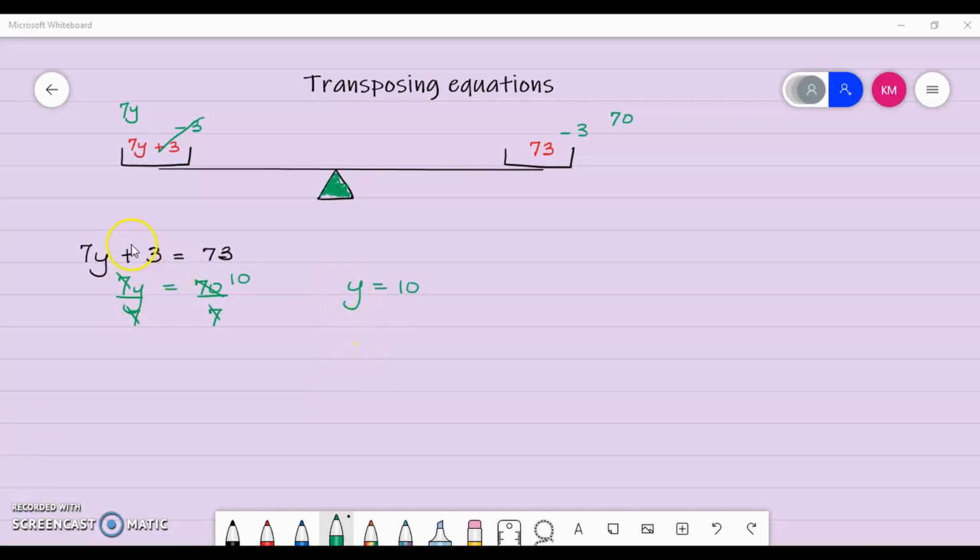Now, how are you going to decide what needs to be removed first? In this case, I removed my 3 first. Why didn't I remove my 7 first? Now, let's think of a scenario. Let's say I walk into a room. So this is me. I'm walking into a room. And as I get into the room, I'm going to put on the light.